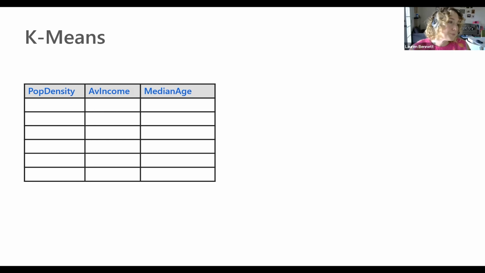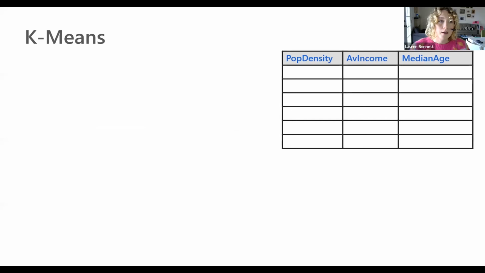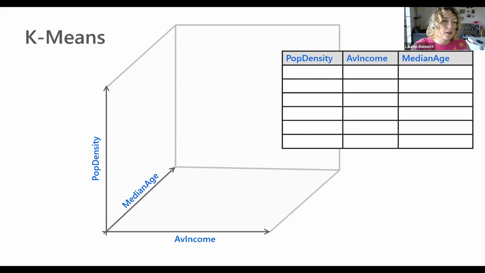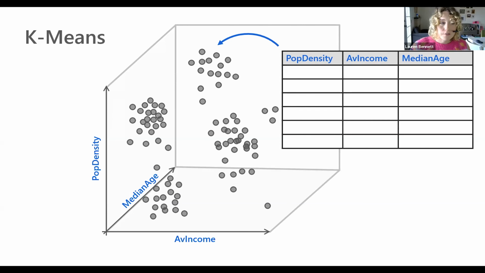It's all these things that make interpreting the results, and thinking spatially about them, as easy as possible. So what we're doing when we do this kind of K-means analysis is we have a series of variables that we're interested in. In this case, we're looking at population density, average income, and median age. Every feature in our data set has all of those variables. You can think about it as plotting all of that data in data space.